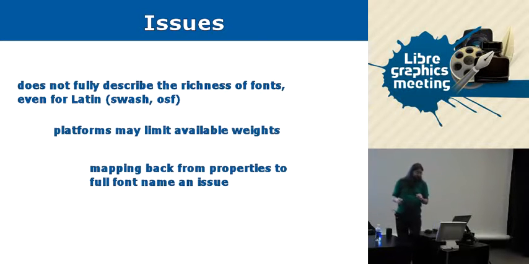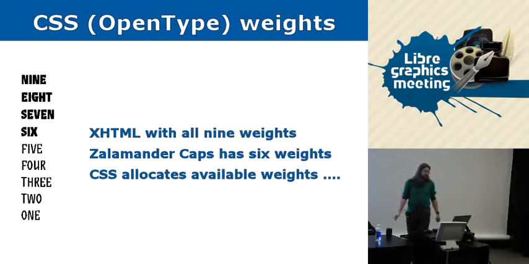So just to show that this isn't actually a theoretical concern, this is an HTML file embedded in the SVG, and it's explicitly calling out for the 9 different weights.